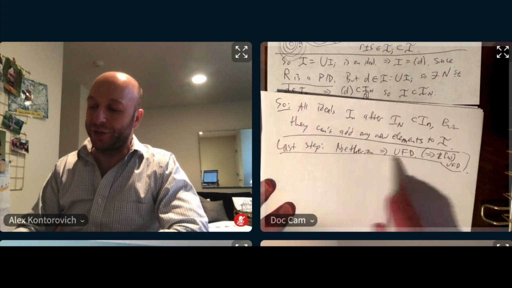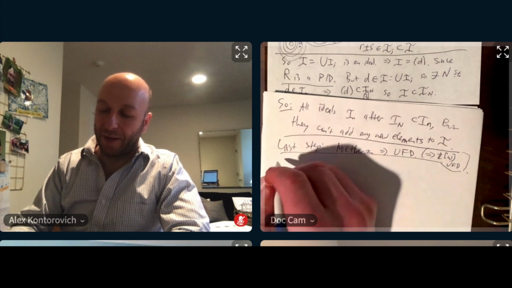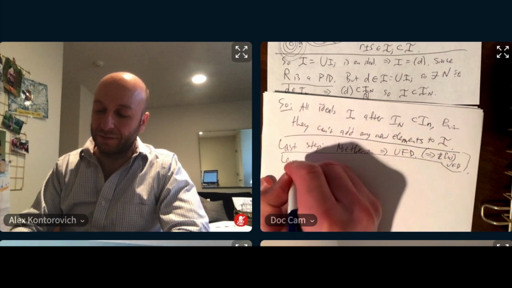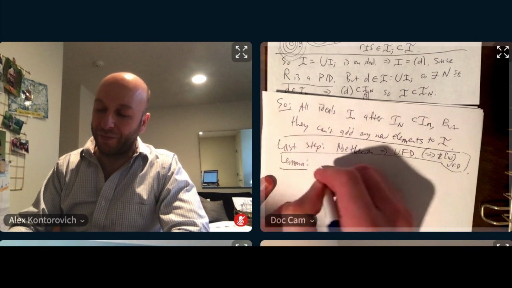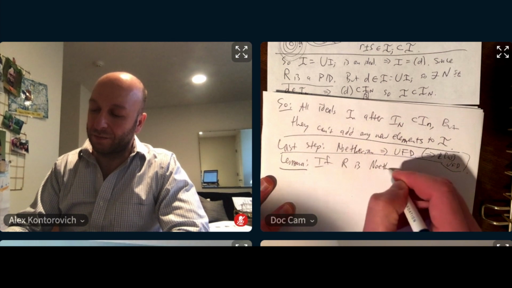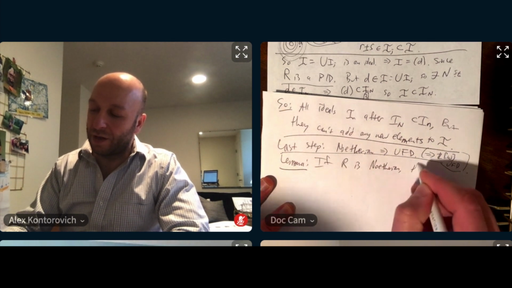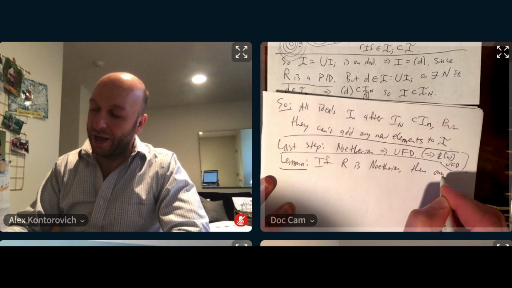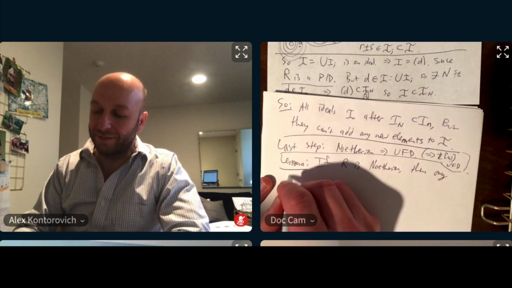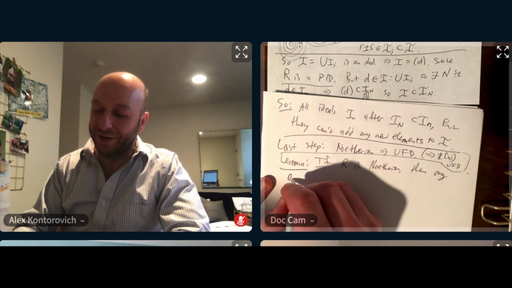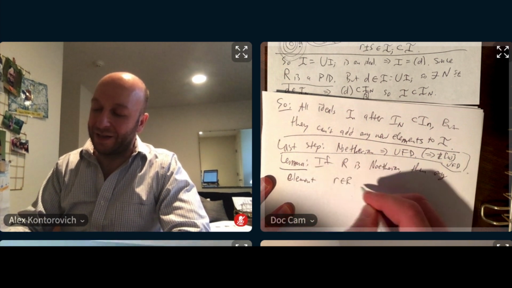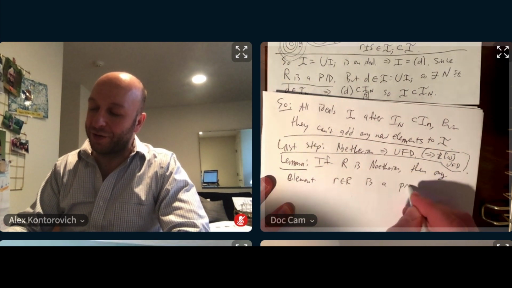So the first step to showing this, step one, let's call this a lemma. Lemma: if R is Noetherian, then any non-unit element r in R is a product of irreducibles.